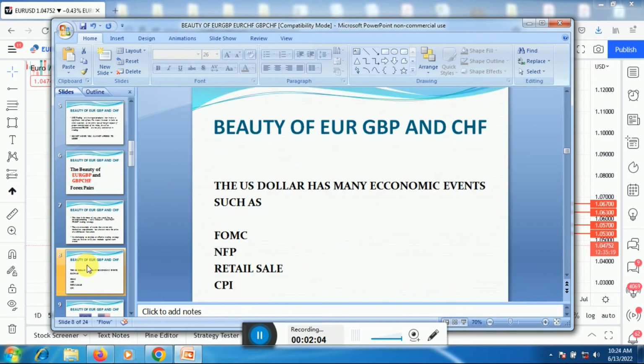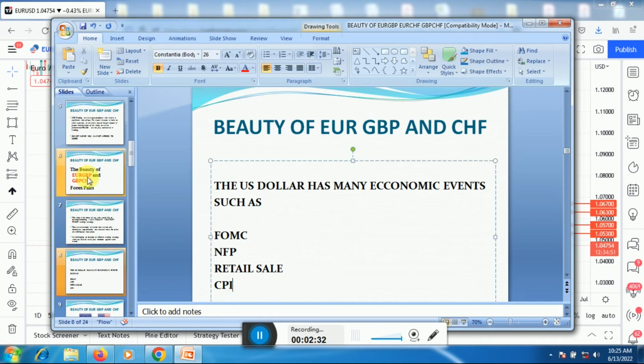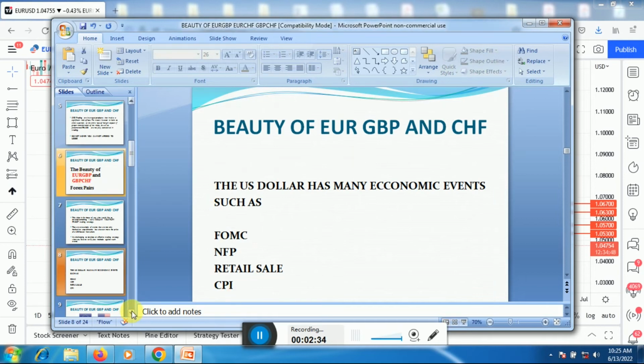We all know that there are so many moving parts when it comes to trading US dollar pairs. The US dollar has a lot of economic events such as the FOMC, which is the interest rates decision, the Fed talking, and the non-farm payroll, which is the jobs number, retail sales, which is the sales number that comes out almost every month, and then the CPI number, which is the inflation number.